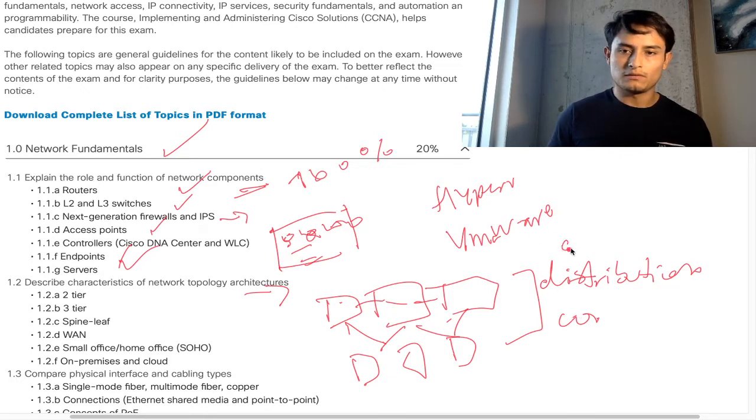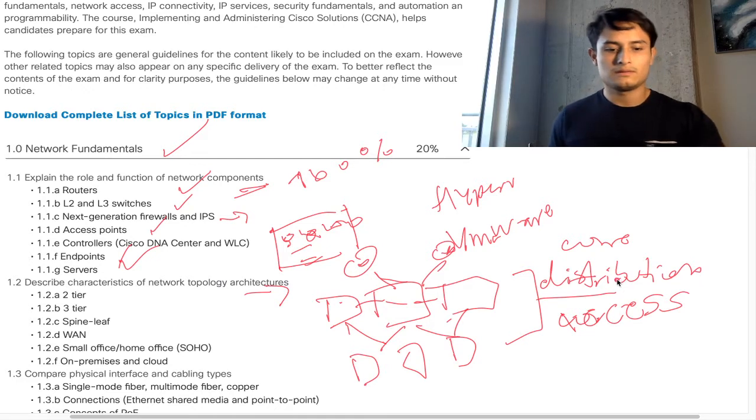Your core will be over here at the top, and that makes it a three-tier, because here you have your routers, and that's where you connect. So it's gonna be core, distribution, and access layer.